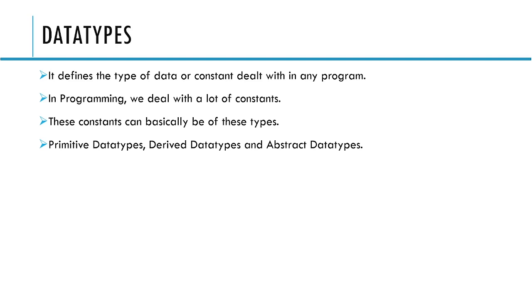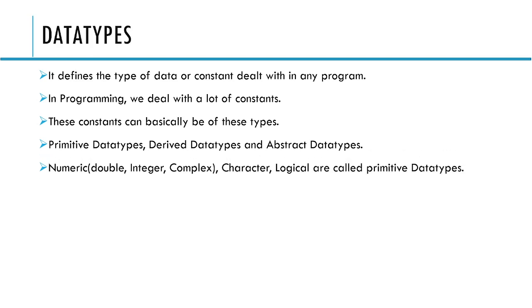Primitive data types are fundamental data types. That means whatever type of constants we deal with directly is known as a primitive data type. Whatever types of constants we have read, like double, integer, complex, numeric, logical, character, they are all primitive data types.